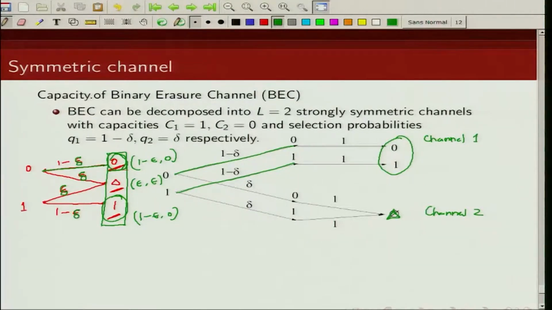It's the same thing, just changing notation. I am writing this as 1 minus delta and this as delta. Then I can select this channel with probability 1 minus delta. So this selection probability is 1 minus delta, and this selection probability is delta.